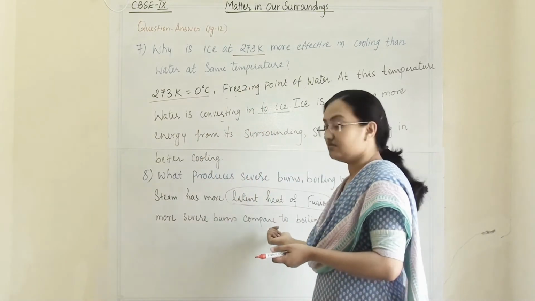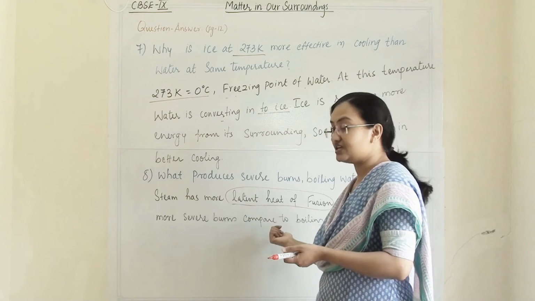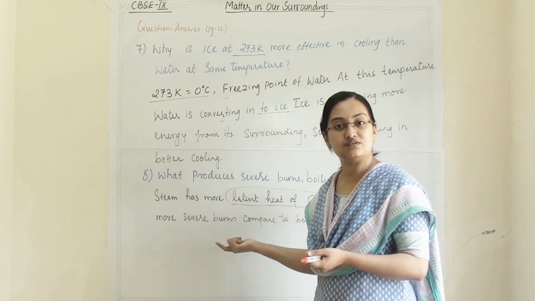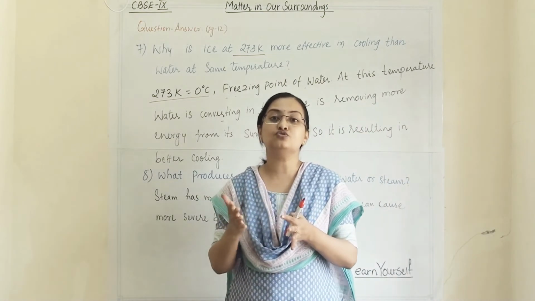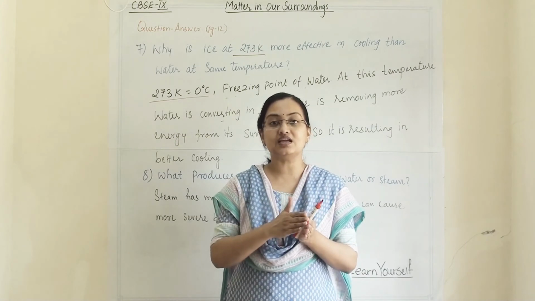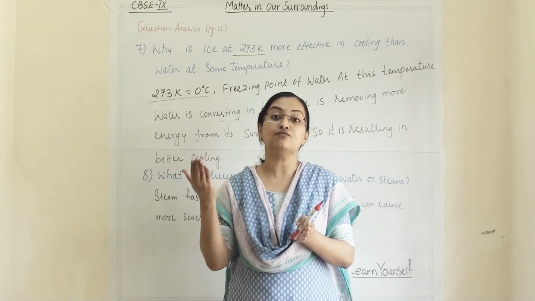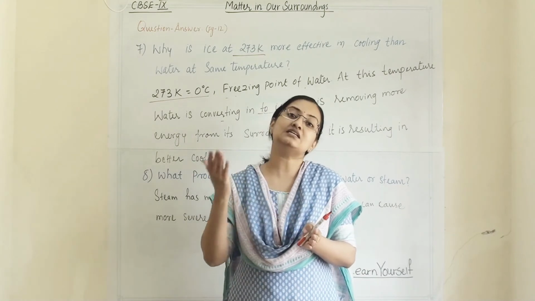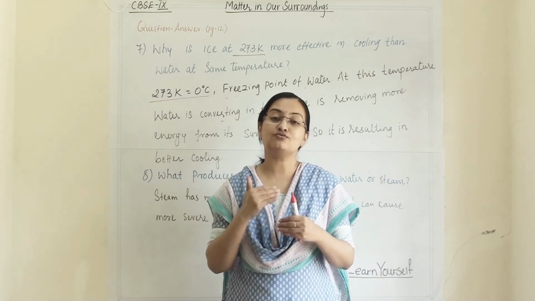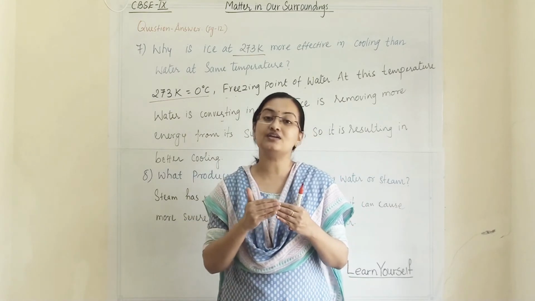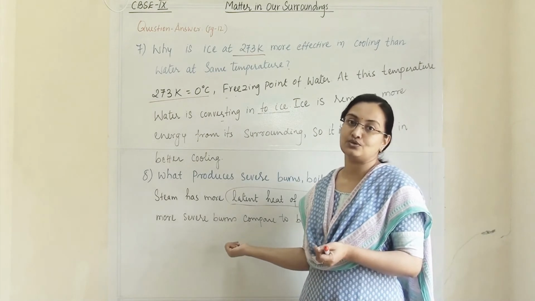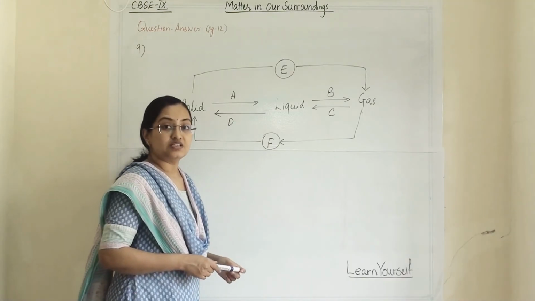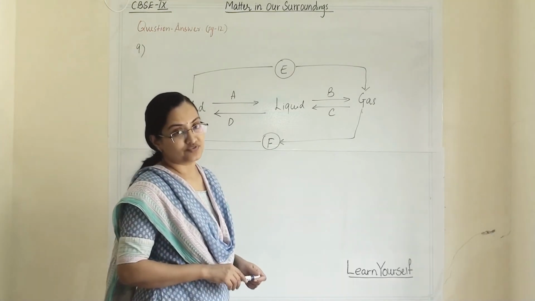But here the temperature is high for steam, so it is causing severe burns. So the temperature effect is according to what is converting into what, and which state is in a transition phase. So we have to compare that according to the temperature, and we have to write the effect of that particular thing.